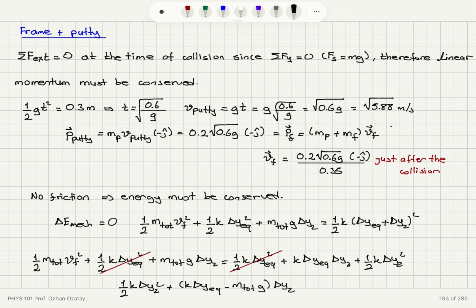So I've collected all the delta y2 terms, and this goes to the right hand side as minus 1 over 2 m total v final square is equal to 0.